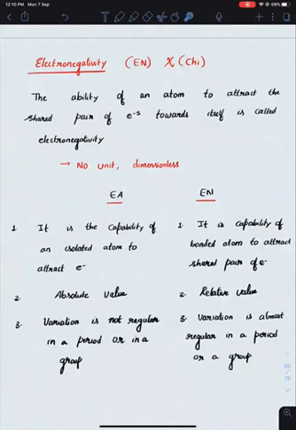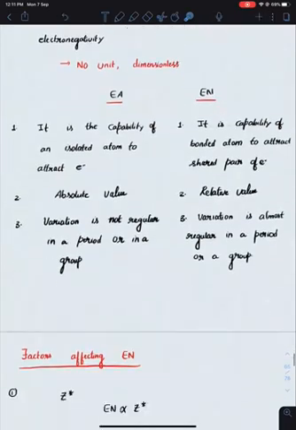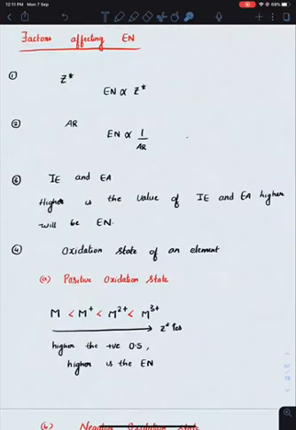The variation of electron affinity sometimes has irregular behavior, but electronegativity has a regular trend. Left to right, electronegativity increases, top to bottom, electronegativity decreases. It is directly proportional to Z star, and inversely proportional to atomic radius, and it is related to ionization energy and electron affinity.